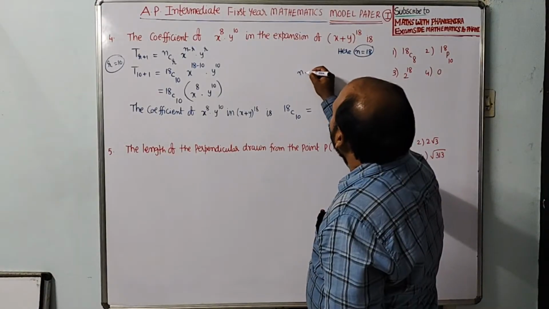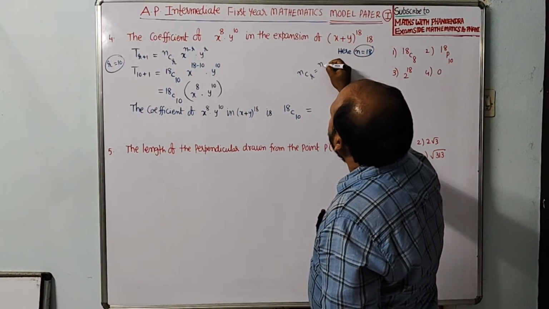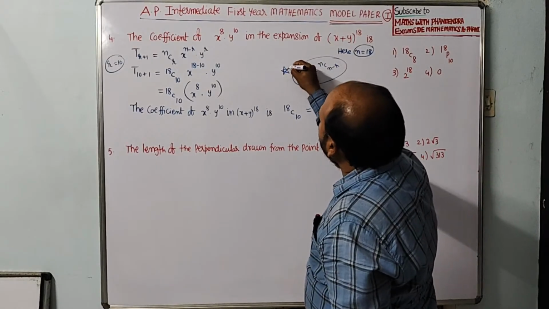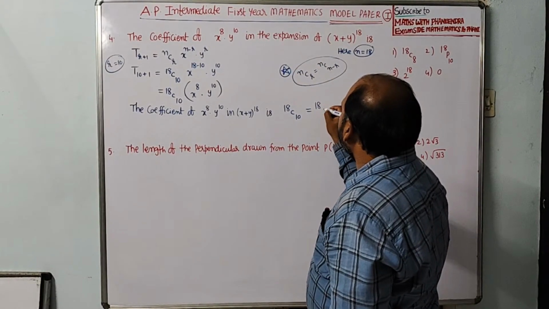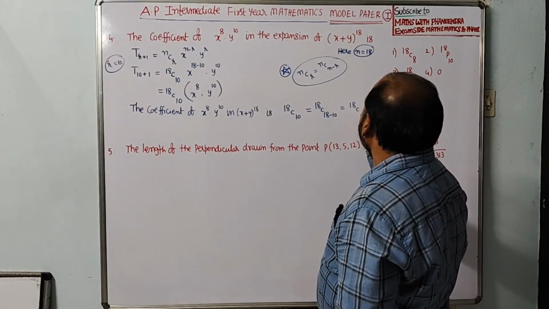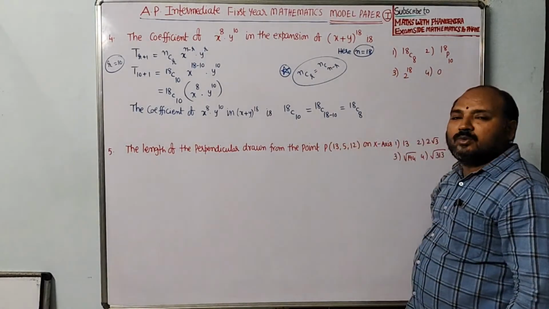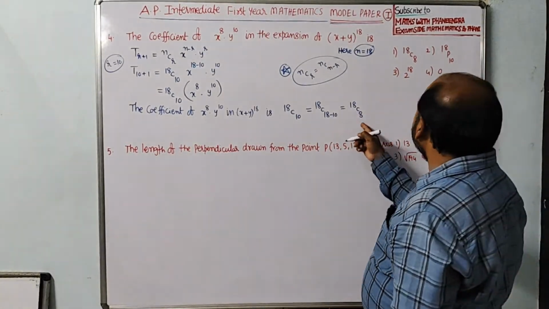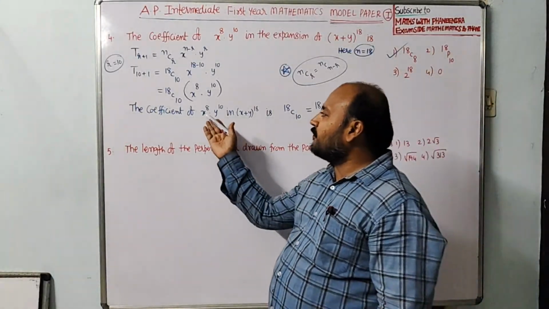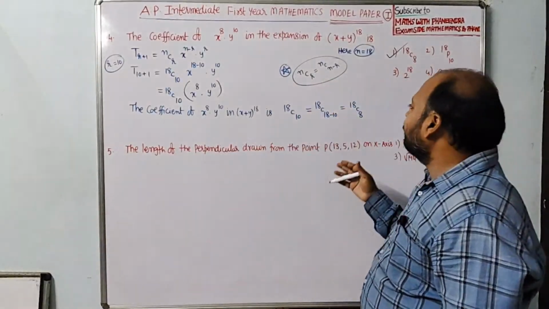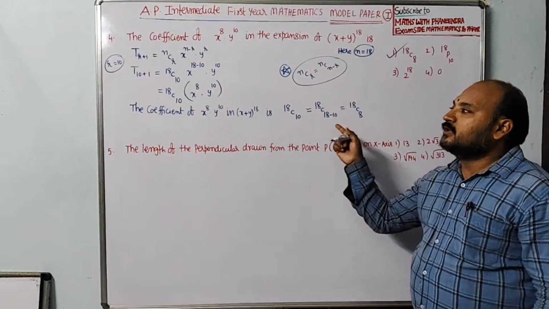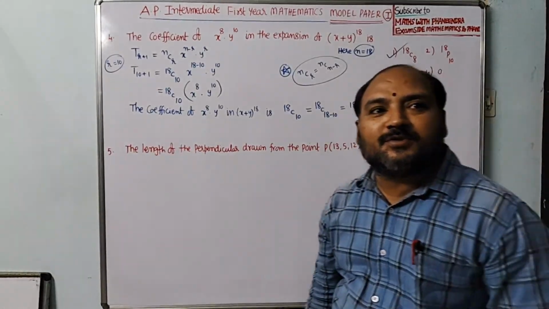Here we have the formula nCr equal to nC(n minus r). So 18C(18 minus 10) equals 18C8. 18 minus 10 is 8, no? So 18C8 is there. Therefore, the coefficient of x power 8 into y power 10 in the expansion of (x plus y) whole power 18 is 18C8. It is there in the first option, dear students.